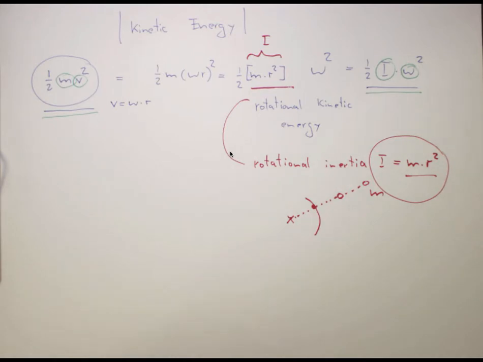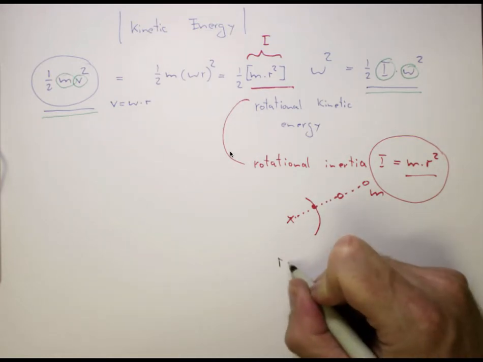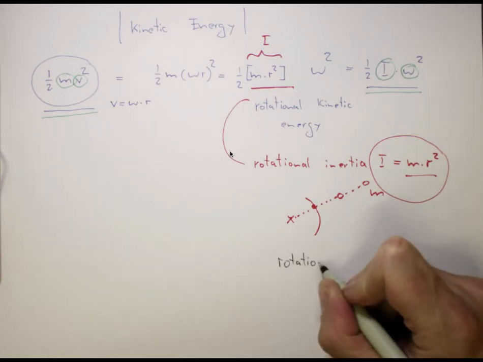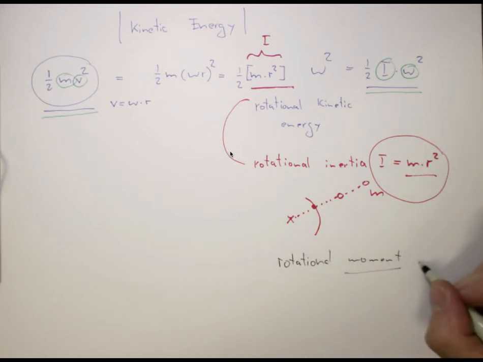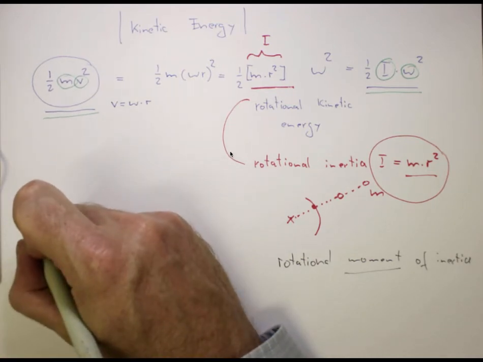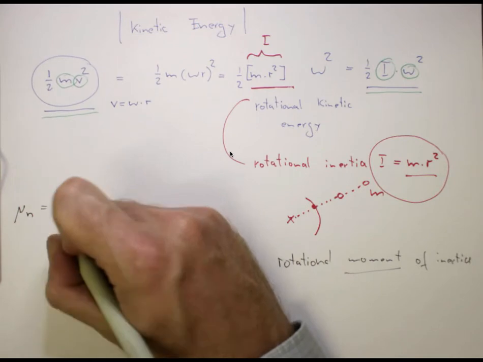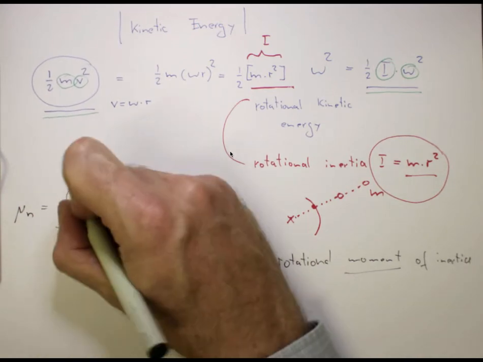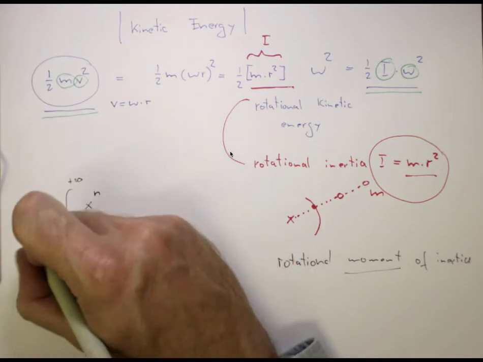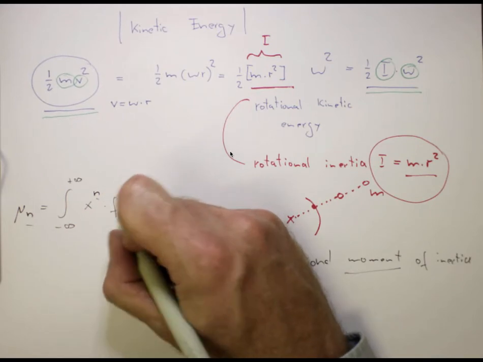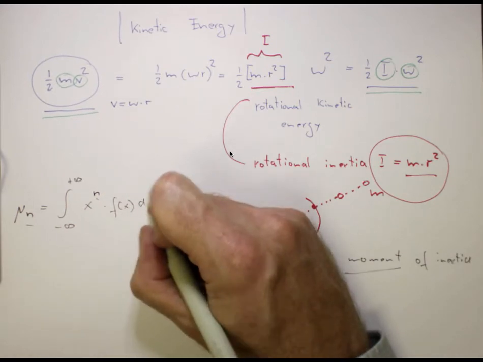Well, you might wonder why this rotational inertia is also often called the rotational moment of inertia. That comes from mathematics, because in general in mathematics a moment mu n is defined as the integral from minus infinity to plus infinity over x to the power of n, that's the same n, times a function f(x) dx.